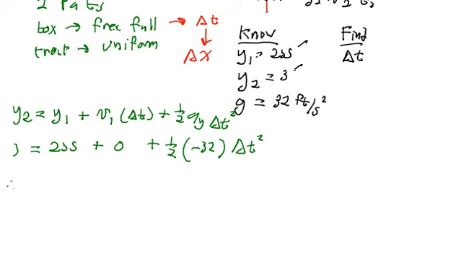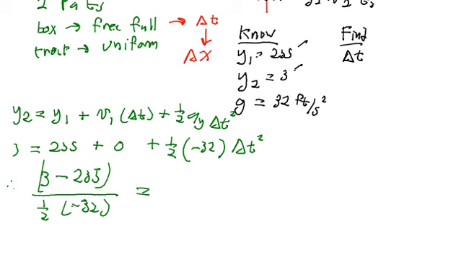We can take 3 minus 235 divided by 1/2 times minus 32, and that should give us the value of delta t if I take the square root of it.